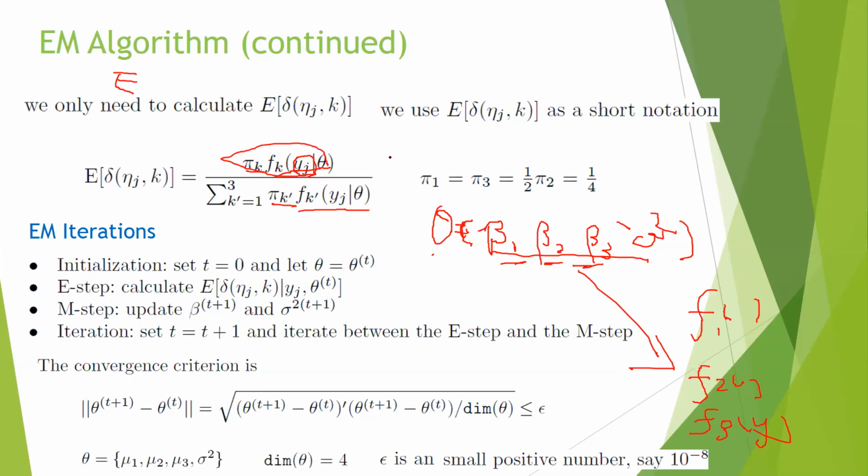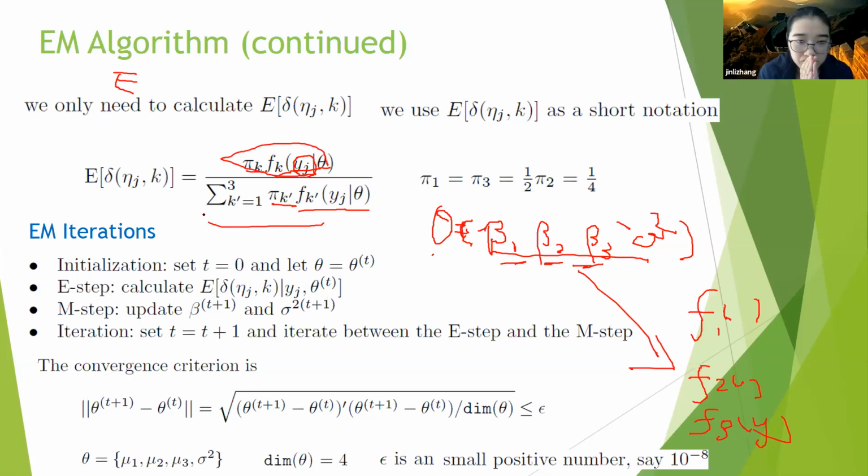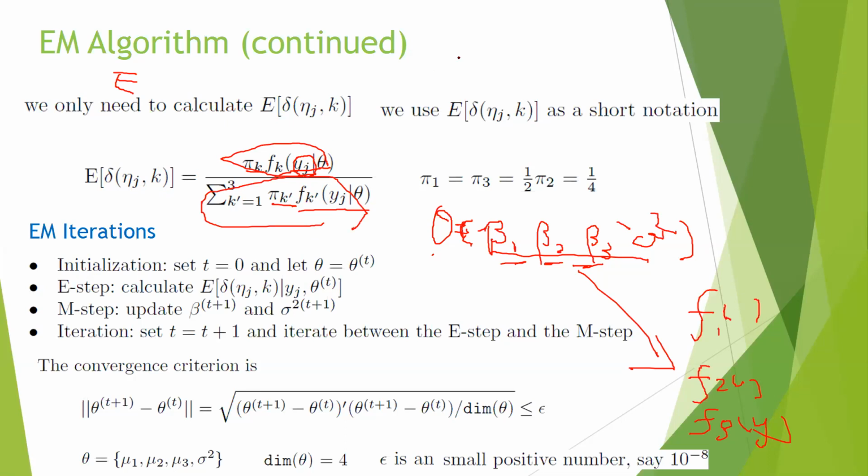Now suppose for the first distribution, we knew the density is this much for this individual. But for the second density function, it is small, and the third one is small. So how can we use this information to calculate the expectation that this individual belongs to the first category?